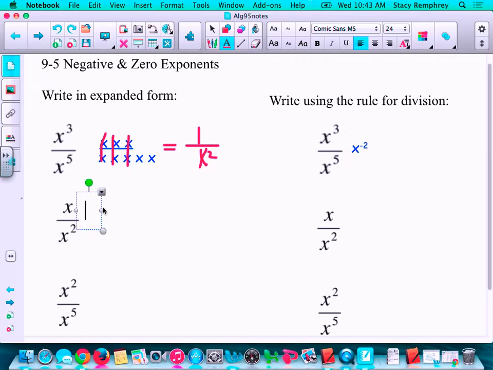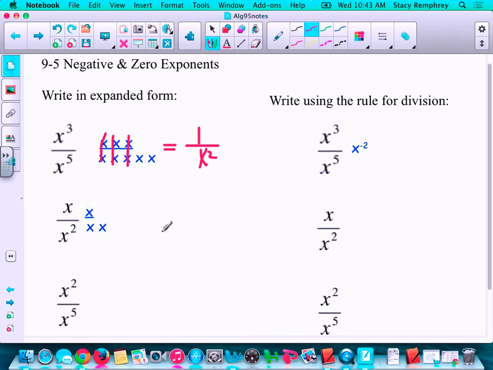Over here, x, and that is going to give me, okay, so again, I canceled what's on the top. The x that you have left is on the bottom.